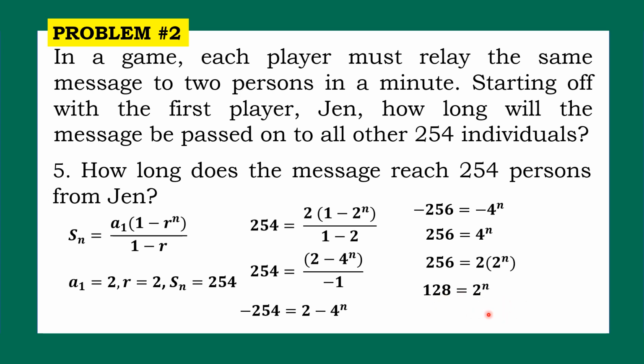So that will give us 2 raised to 7 equals 2 raised to n. By simply equating the exponents, the value of n is equal to 7. So therefore, it will take 7 minutes to reach 254 persons from Jen.